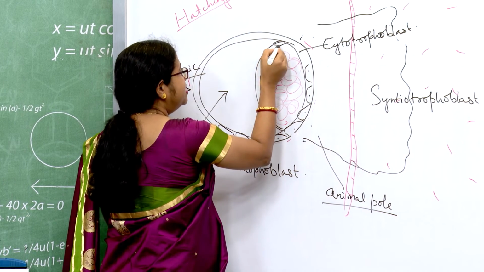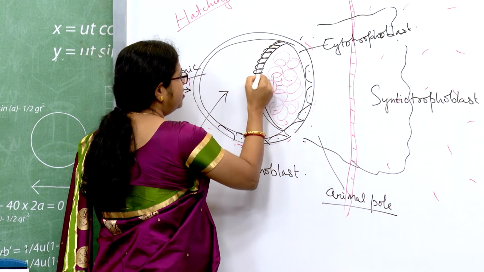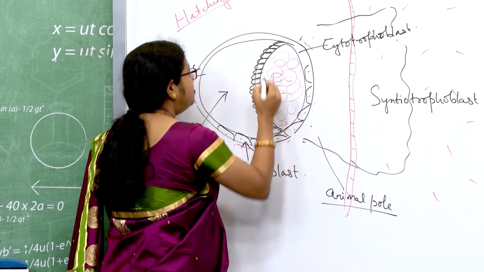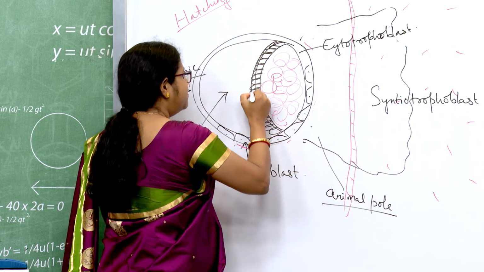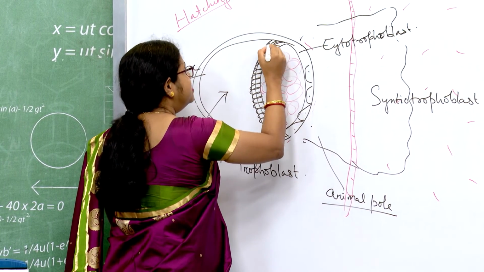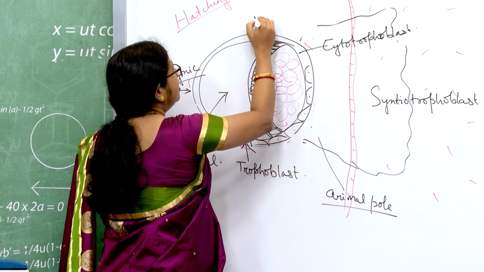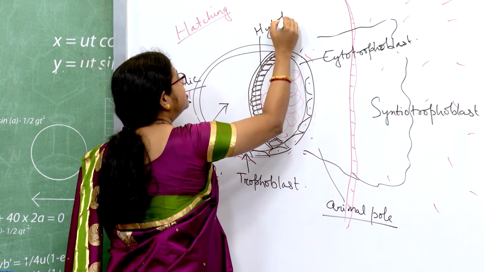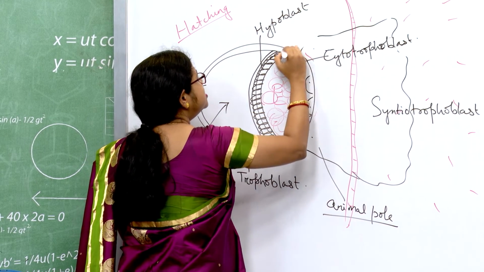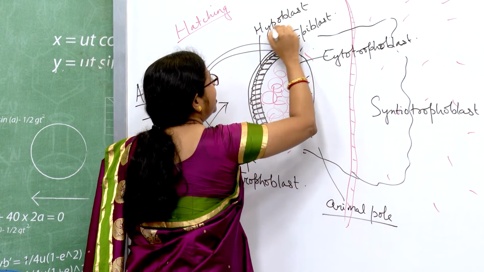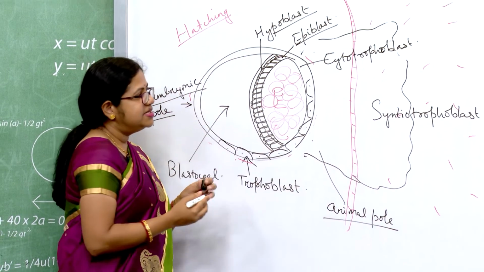A bilaminar disc which is composed of elongated columnar cells, which is my epiblast, and a flat layer of cells which will form my hypoblast. So, the epiblast and hypoblast are formed.